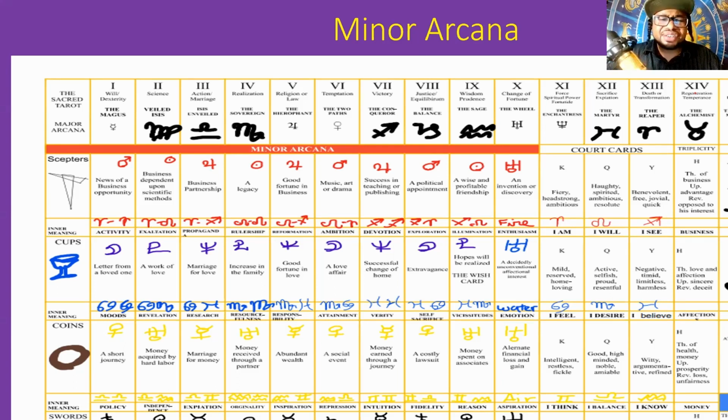And then if you look at number 2, let me show you how the major arcana factors into this. See, when you deal with astrology, when you deal with tarot, especially the tarot system that we have, it is directly correlated with the astrological system that we have.